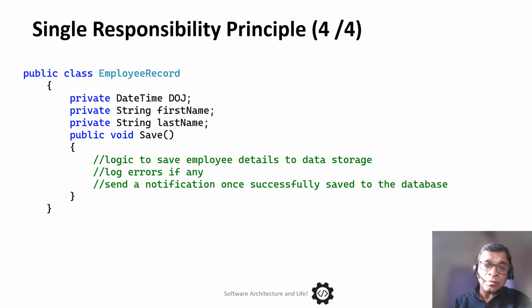And it is also sending a notification to some third-party component when the data is successfully saved to the database. It is very obvious that notification is a completely different concern from saving the data to data storage. And again here, the save method is violating the single responsibility principle.